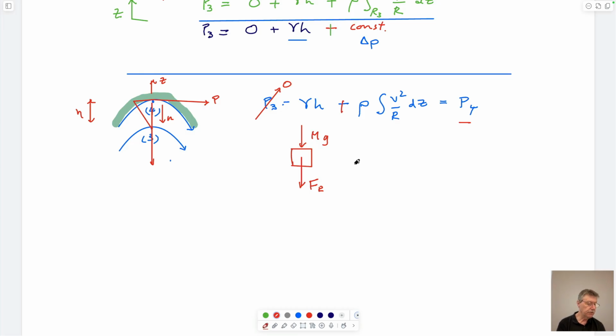And so if you calculate, I guess we'll call this F theta, then this is just Newton's law. F theta equals m a theta, which is equal to m r omega squared, which is m v squared over r.